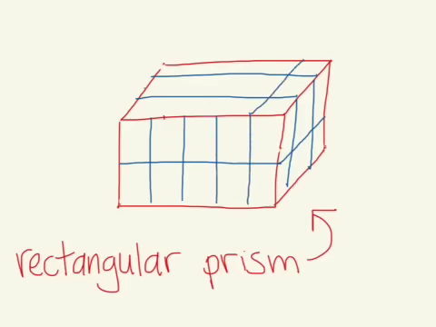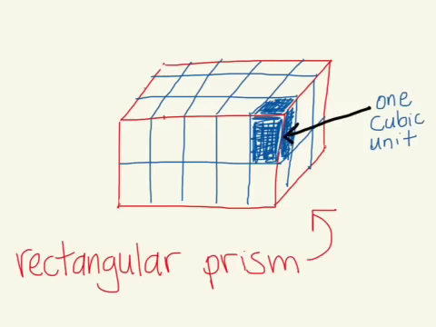They're perfect cubes. So now it looks like the container is filled with all of those blue cubes. So in order to figure out how many blue cubes fit in there, we could count them up, but we can't see all of them.